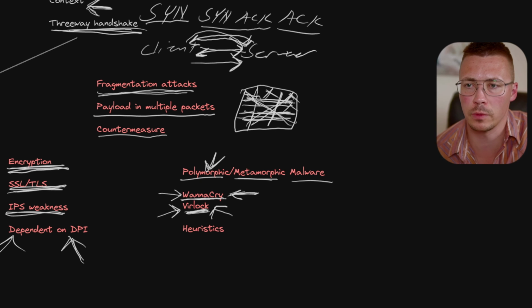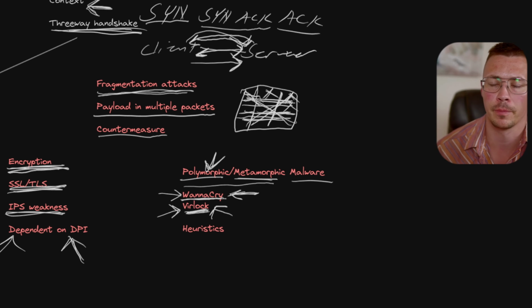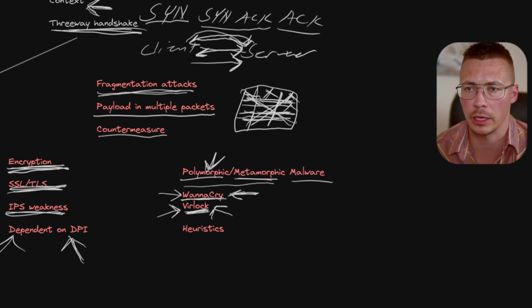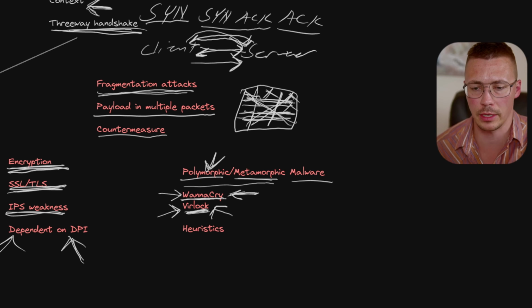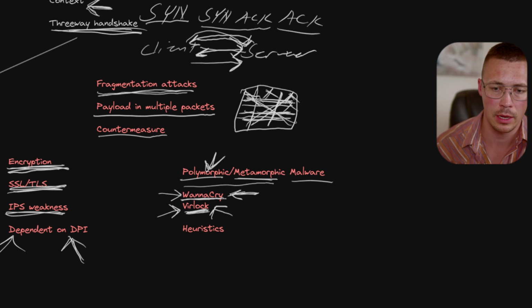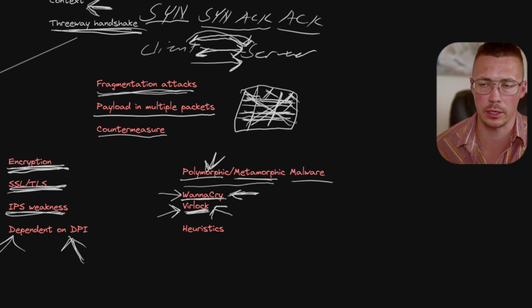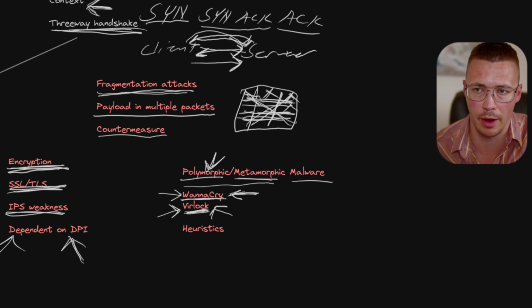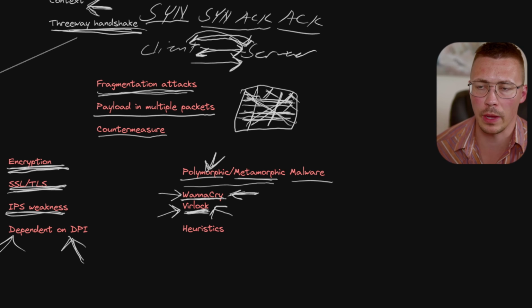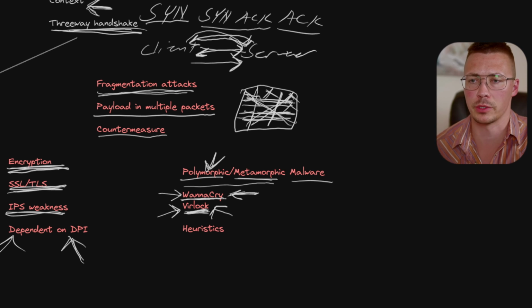And so both polymorphic and metamorphic malware are an issue for signature-based detection because, like I said, it relies on a signature of something that's already pre-existing. And so when something changes, basically you have to make a new signature for that. And so Vireloc or Verloc, however this is pronounced, what this was able to do was infect people's computers.